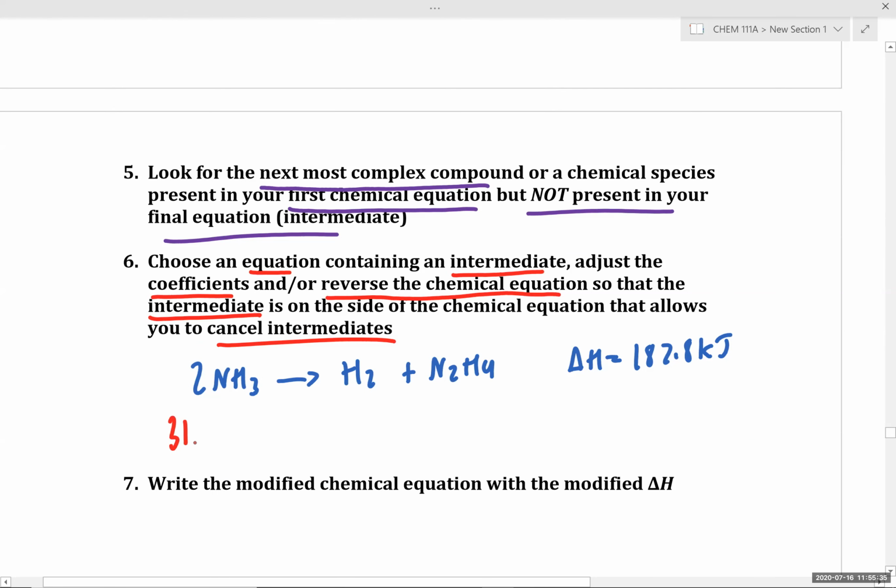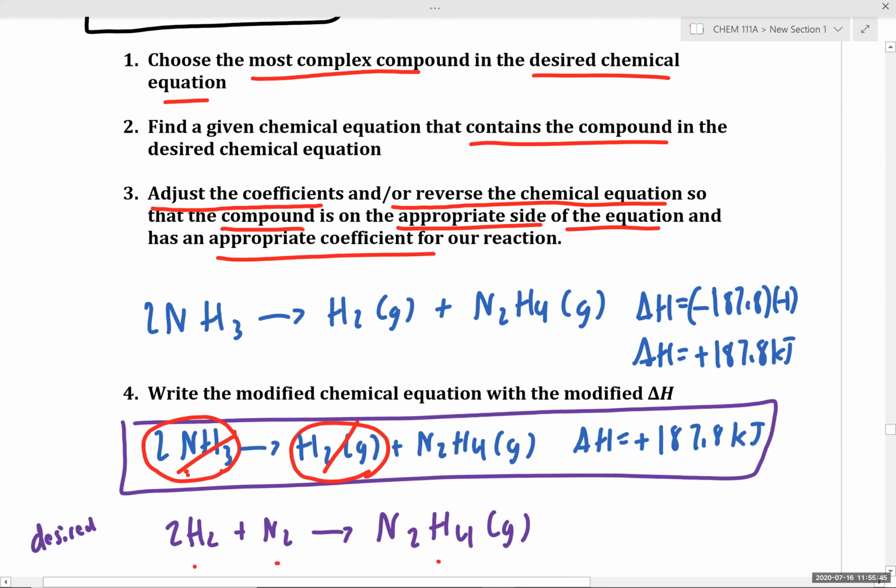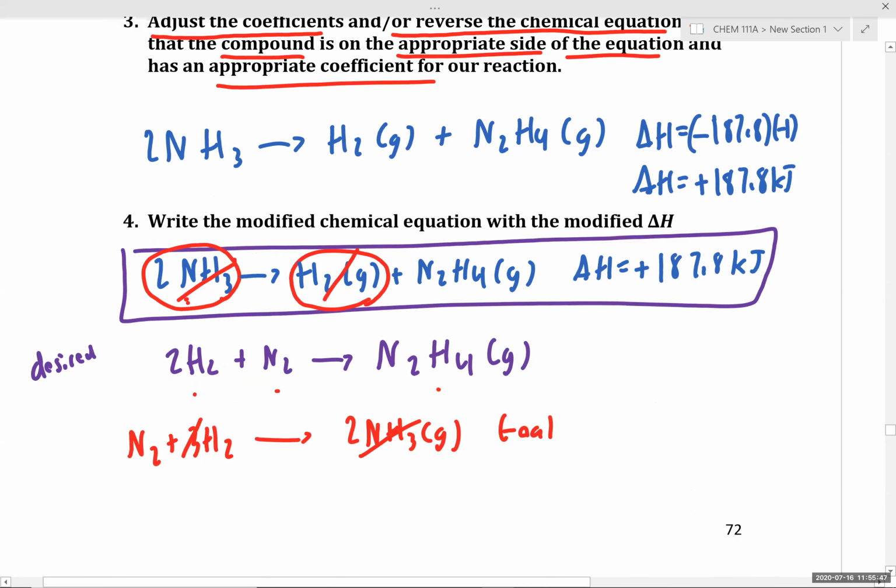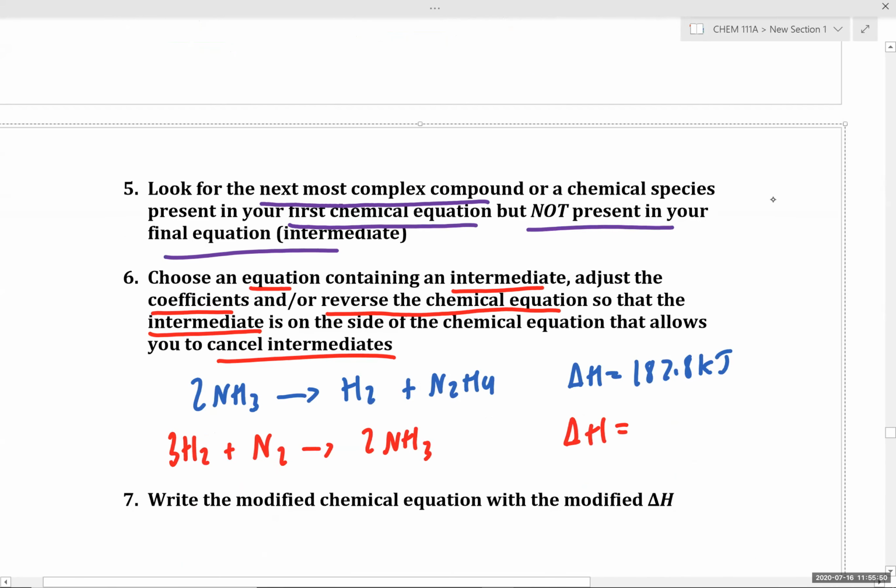So we have 3H2 plus N2 leads to 2NH3, and we're going to write down its enthalpy. So it's 92.4. And as we see, if we try to add our equations together, the ammonia cancels and our undesired hydrogen cancels.